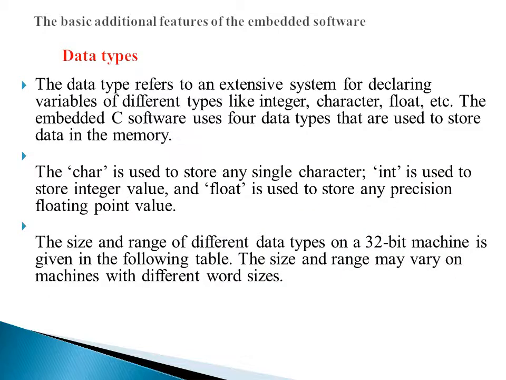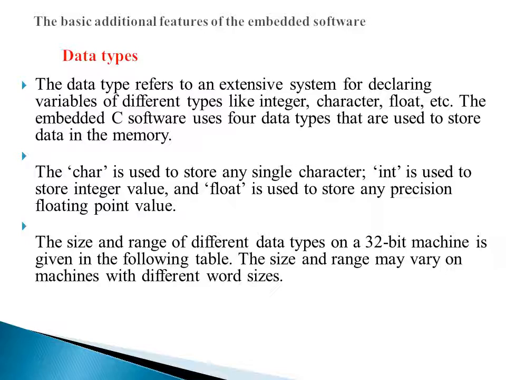Now we will see additional features of embedded software, that is basic features. First, data types. The data type refers to a system for declaring variables of different types like integer, character, float, etc. The C software uses 4 data types that are used to store data in the memory.